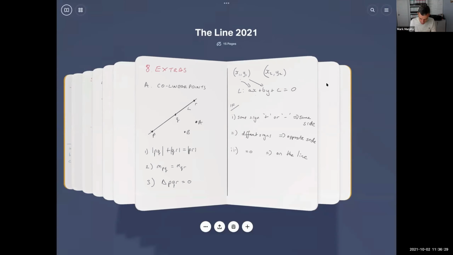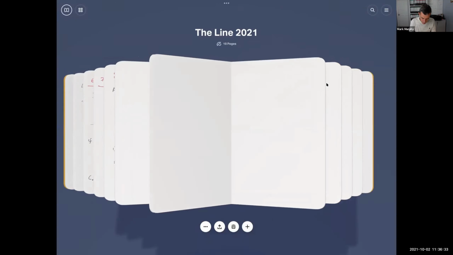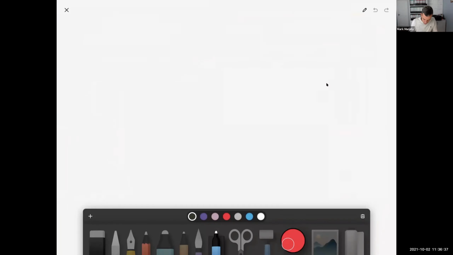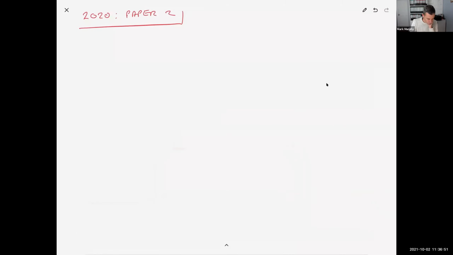Just add more pages. So this is 2020 paper 2. Okay, maybe I'll draw it in red.